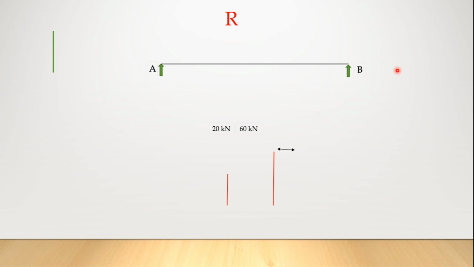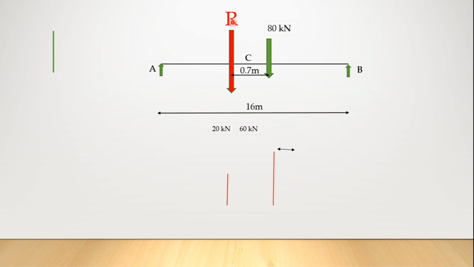Now you see, in the girder we have to place the resultant and 80 kilonewton in such a way that they are equidistant from the center of the beam, from the center of the girder. We are not using the value of the resultant here. We are only using the resultant to locate 80 kilonewton, the nearest load to the resultant.